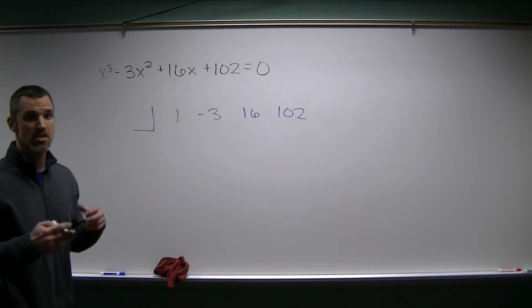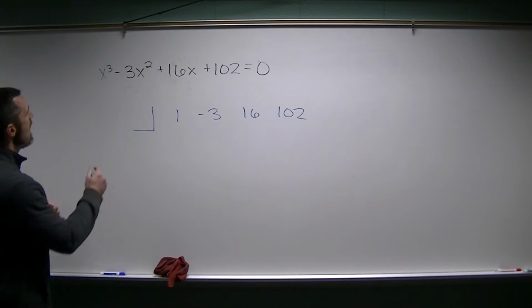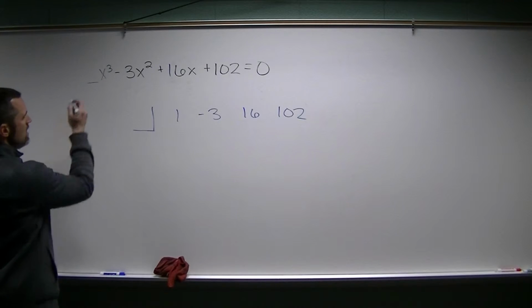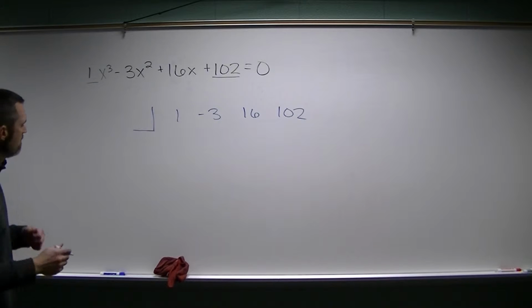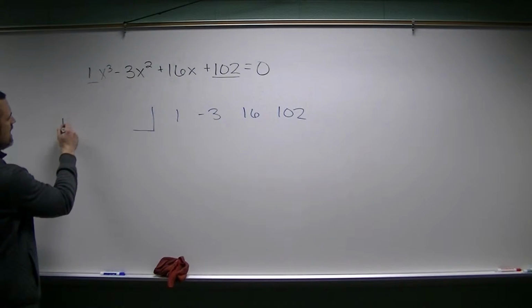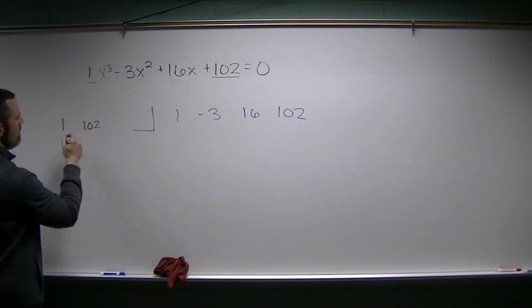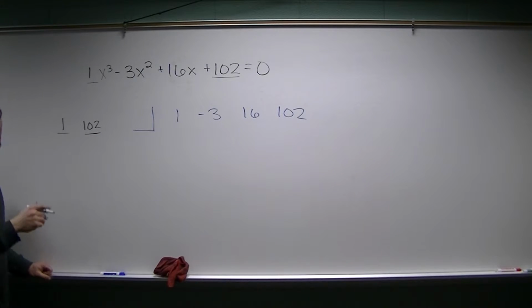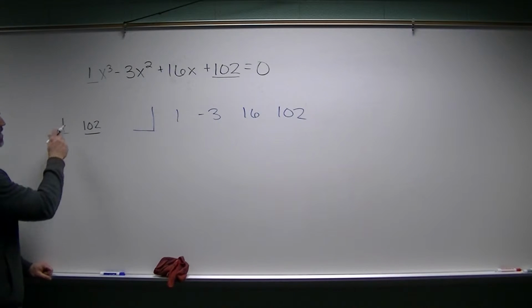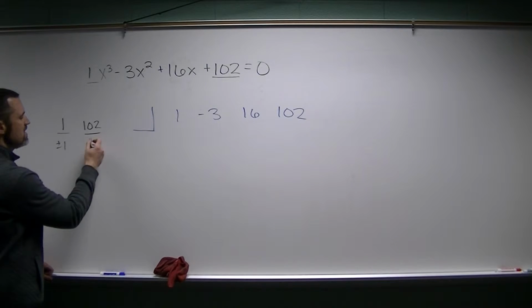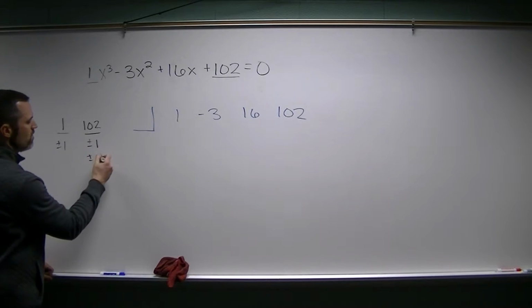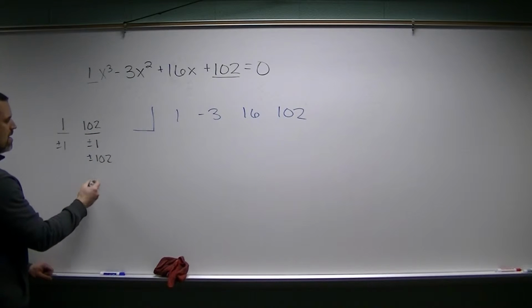So the rational root test, really quickly: I'm going to look at the leading coefficient, which happens to be 1. I'm going to look at that 102, which is our constant. The rational root test says this: take your leading coefficient and your constant and figure out all of the factors of them. So the factors of 1 are positive and negative 1. Factors of 102: positive and negative 1, positive and negative 102, because those would multiply to make it.